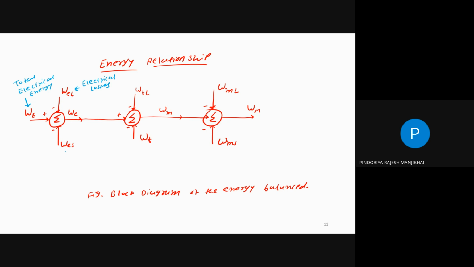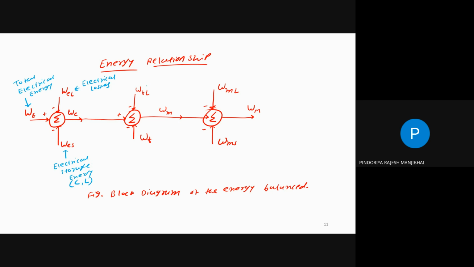Correct? This WES is your electrical storage energy, by capacitor, otherwise the inductor. Correct? We can store the energy, maybe in the capacitor, maybe in the inductor. So we can say C, otherwise the L.